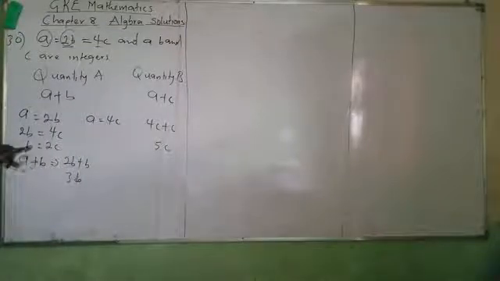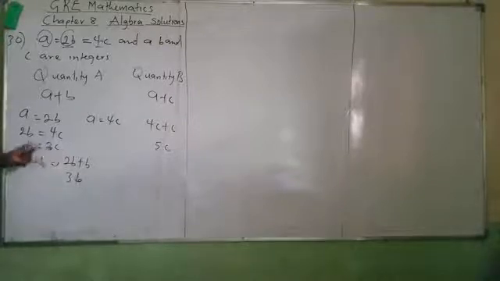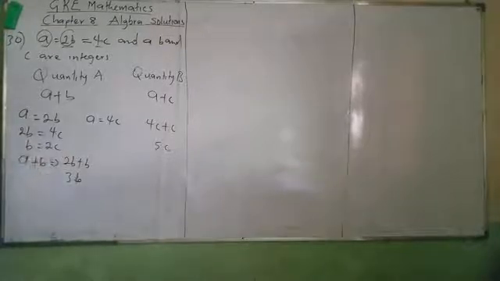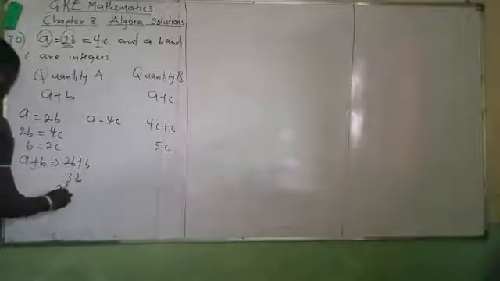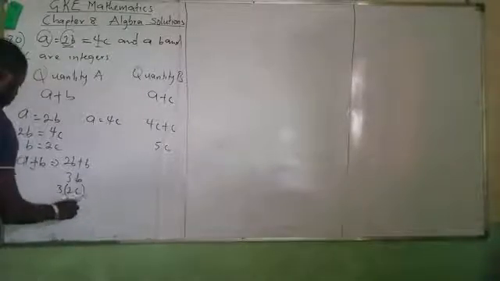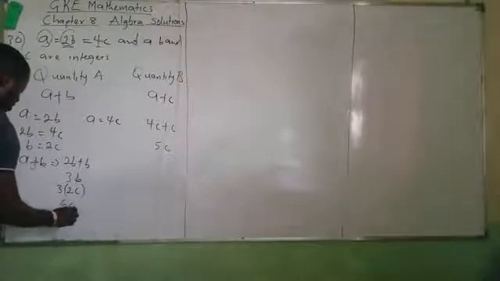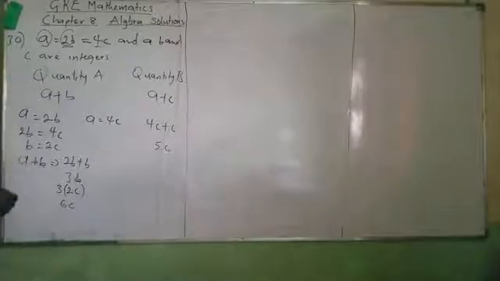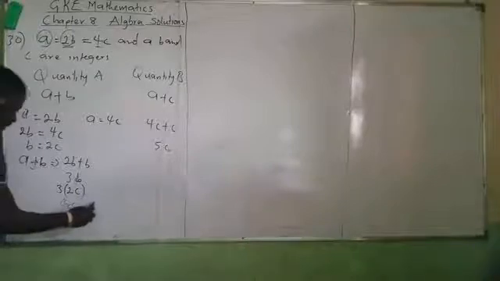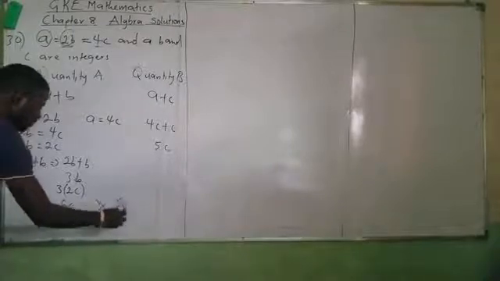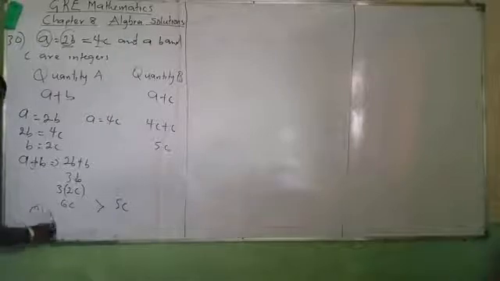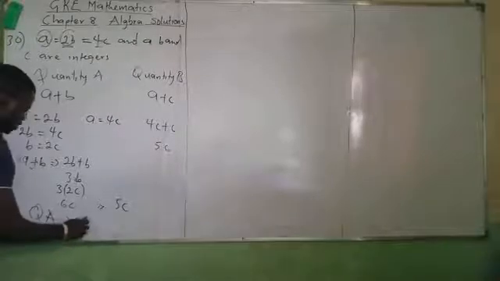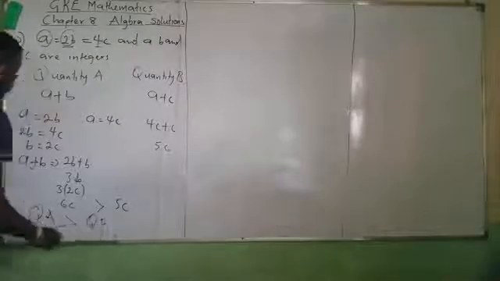My B equals 2C. It means I can now say 3 bracket of 2C, which will be 6C. Now you can see that 6C is greater than 5C. It means quantity A is greater than quantity B. That is the first one.